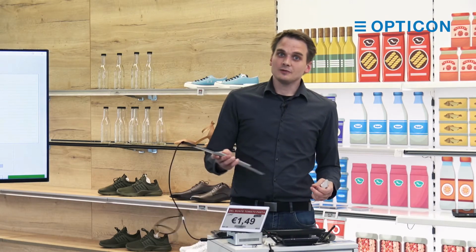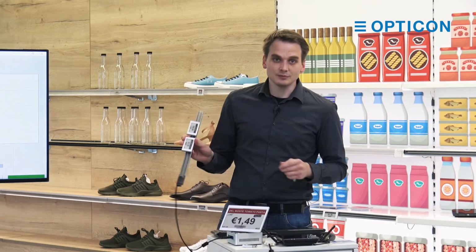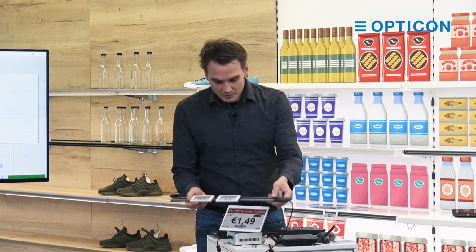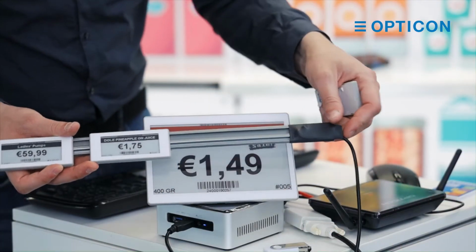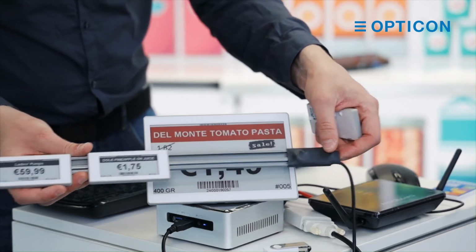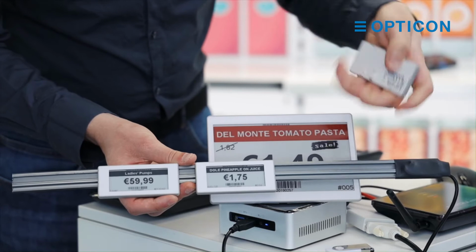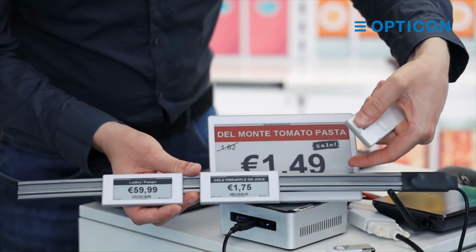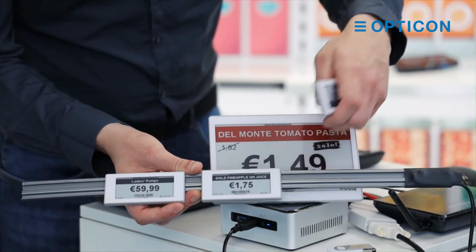First of all, let me tell you about the actual power rail and how you connect the labels to them. So we have our power rail, and in this case I have one powered by USB, and I have a couple of labels already on the rail. We have a positive and negative line running through the framing here.